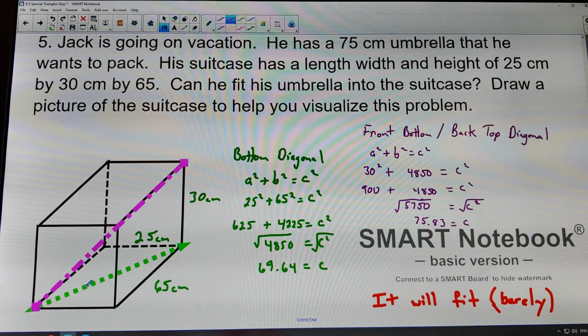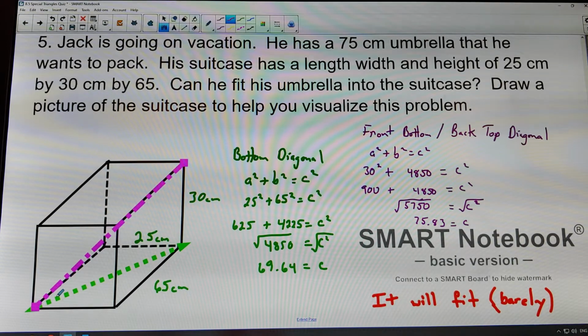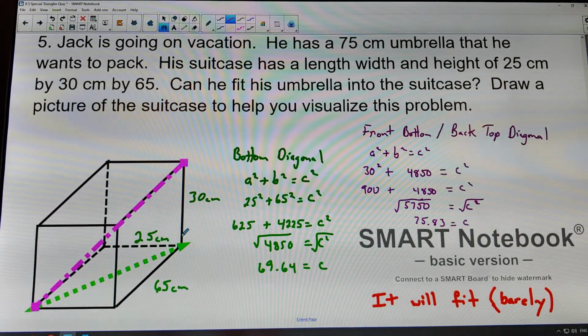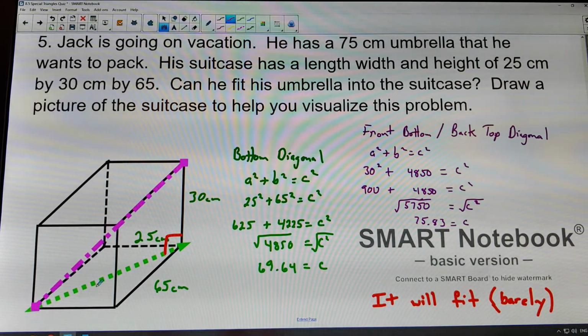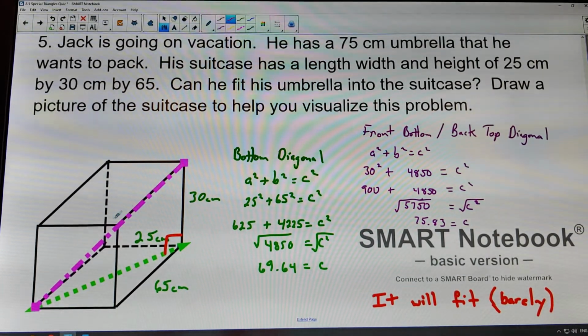Now that we know that, we're going to do it again, except this is our right angle triangle. So there's the back of the triangle. The 90 degrees is right here. It's kind of taking us a diagonal slice through the suitcase.